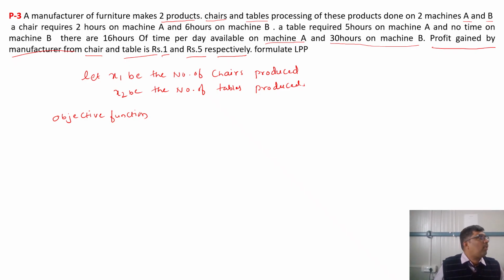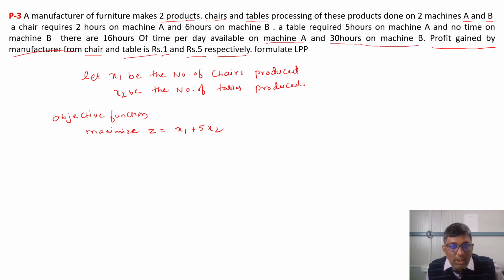So he is making a profit. Whenever profit comes, the problem is subjected to maximization, because we always look to increase the profit, not to reduce it. So this is a maximization problem. Then maximize z equal to x1 plus 5x2. This is our objective function.